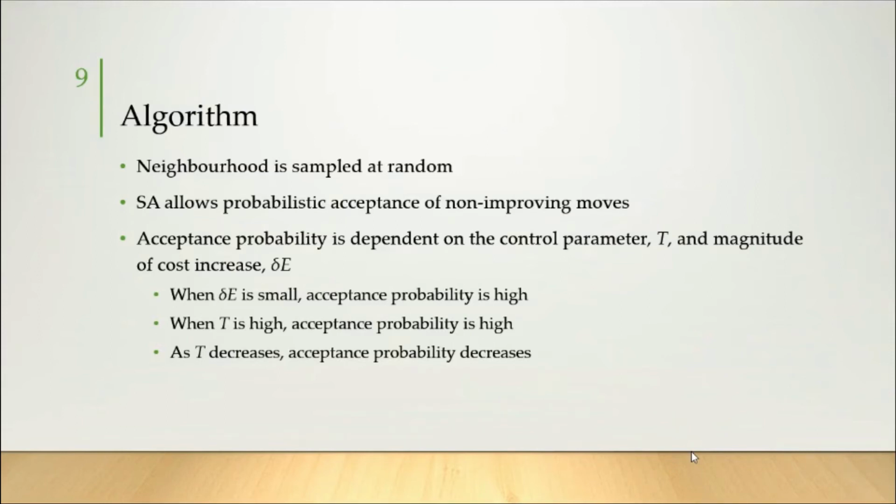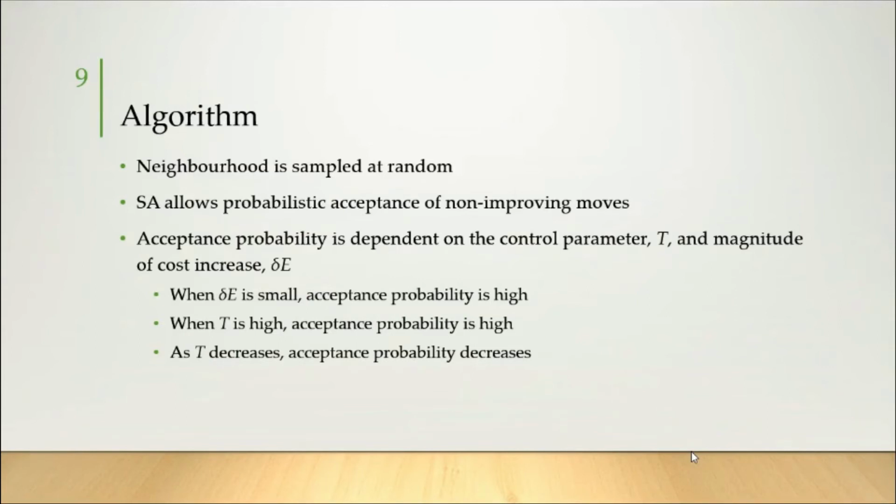The acceptance probability is dependent on the control parameter T as well as the magnitude of the cost increase. When delta E, the change in energy, is very small, the acceptance probability is very high. That is, e raised to minus delta E divided by T is the probability value.